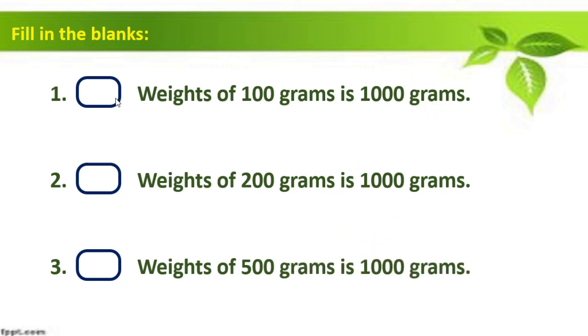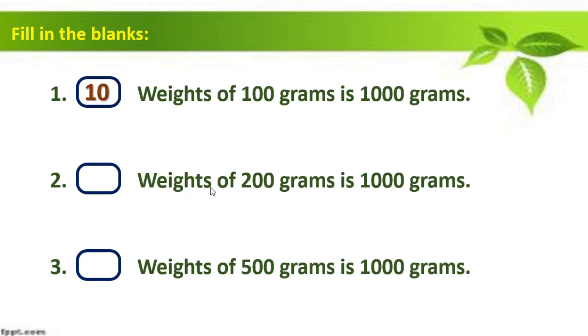Come on, tell me here. How many times we have to weigh 100 grams to make it equal to 1000 grams? Yes, very good. 10 times, correct? 10 weights of 100 grams is 1000 grams. Here you can multiply 10 into 100, that gives 1000. Isn't it? Okay, we'll move to the second one.